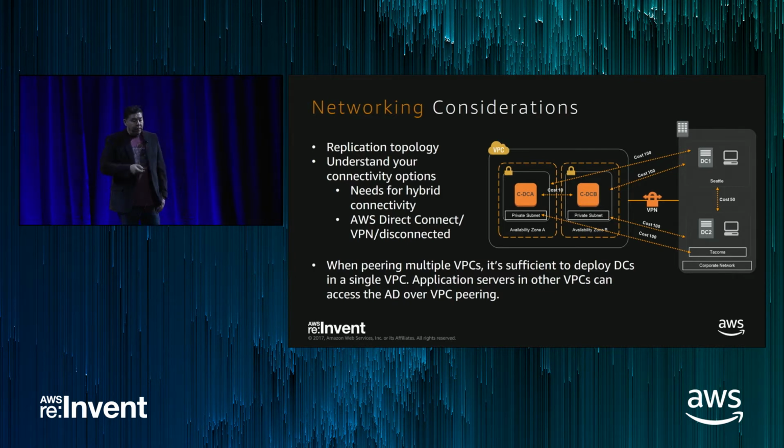If you notice on this particular diagram here, we have a sample or a common architecture where you have an on-premises data center, multiple data centers, one in Seattle, one in Tacoma, each with their own domain controllers. And then you have an extended AD into AWS with domain controllers in each availability zone.